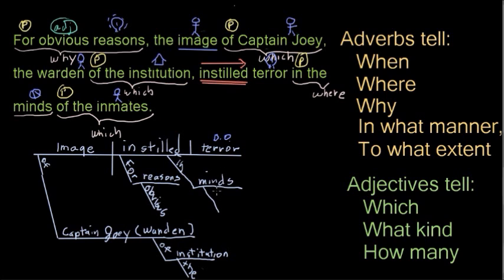And now minds is a noun, and so this adverbial phrase has a noun in it, and that noun is being modified by our last preposition, which is of inmates. Well, there, we have a nice collection of prepositional phrases, some of which modify nouns and some of which modify verbs.